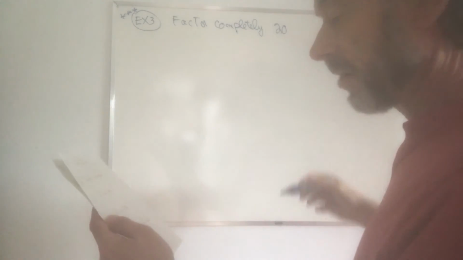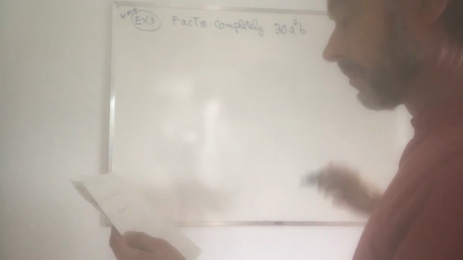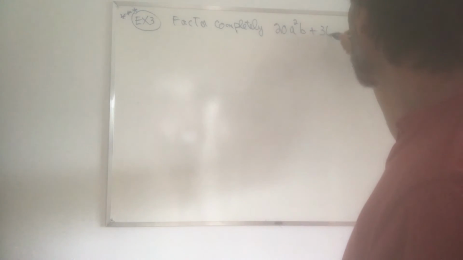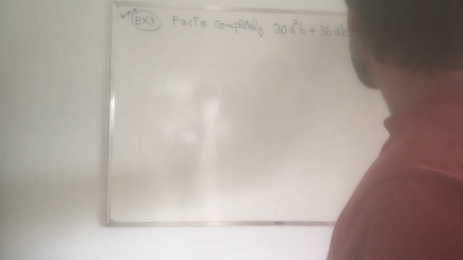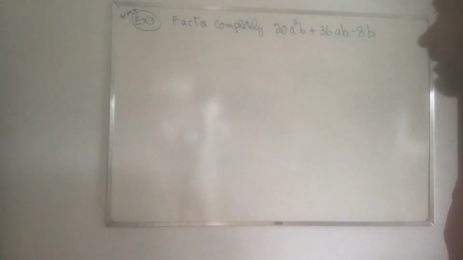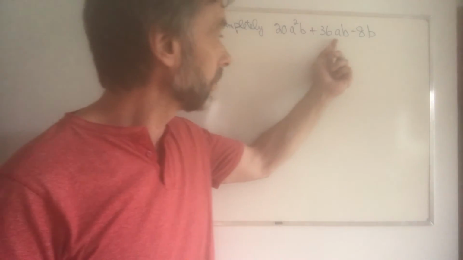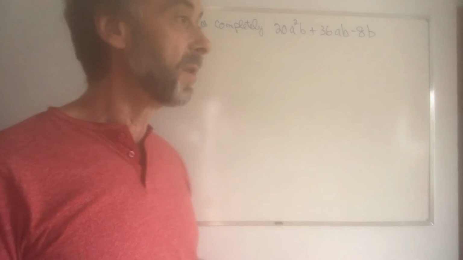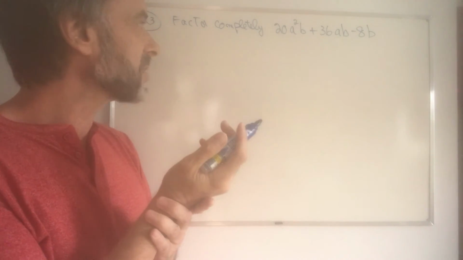So let's change the variables here: 20a squared b plus 36ab minus 8b. It looks weird, huh? It's got more letters than what we are used to, but it is a general trinomial. Why? Well, 1, 2, 3 terms.